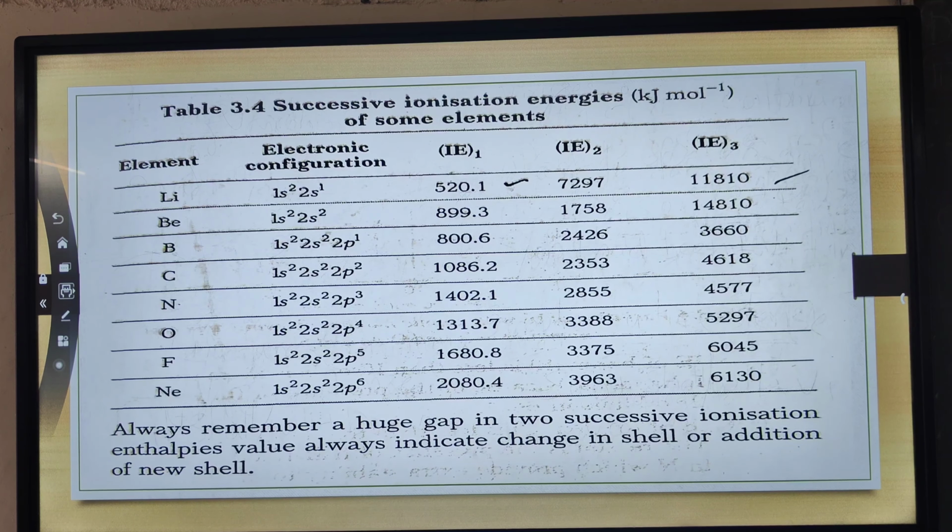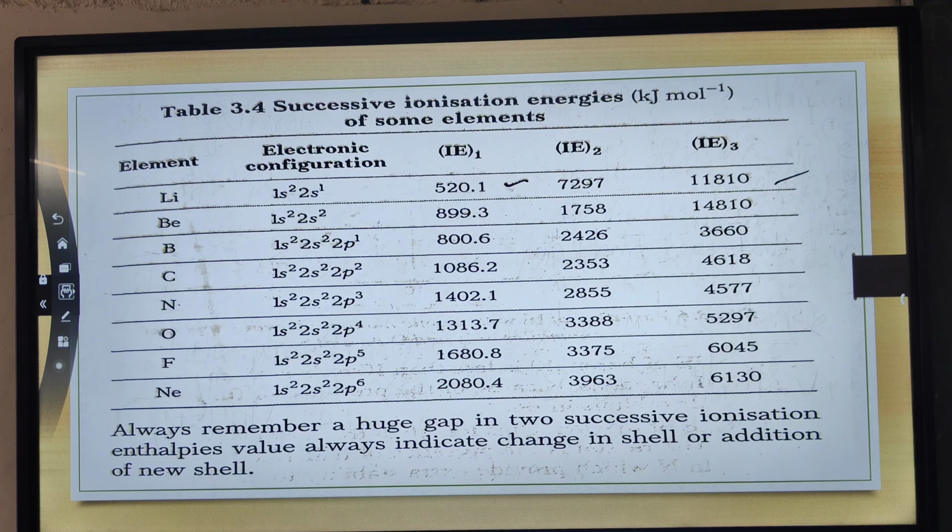That's why neon has the highest ionization energy. So this gives an idea: going from top to bottom in a group, the ionization energy decreases because atomic size increases. From left to right in a period, the ionization energy definitely increases because atomic size decreases.